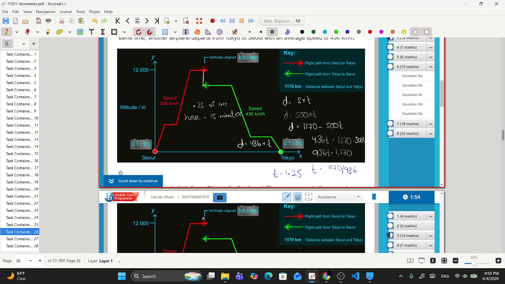Okay, 0.25 of an hour is equal to 15 minutes. So we can say that if 1.25 hours has been taken, it's essentially 1 hour and 15 minutes.